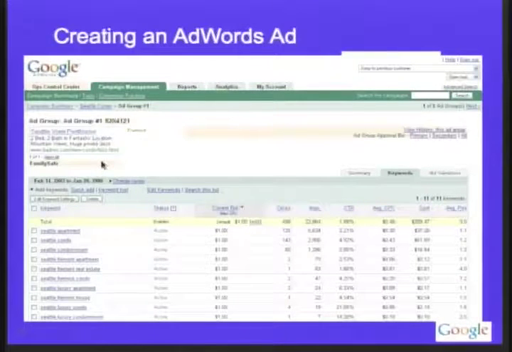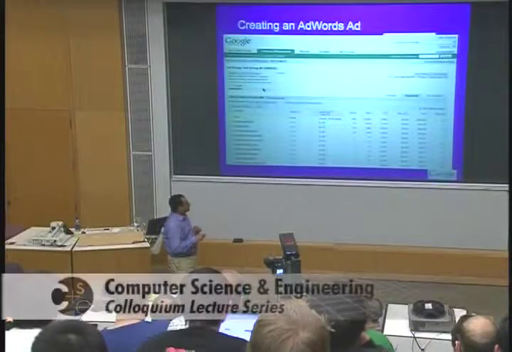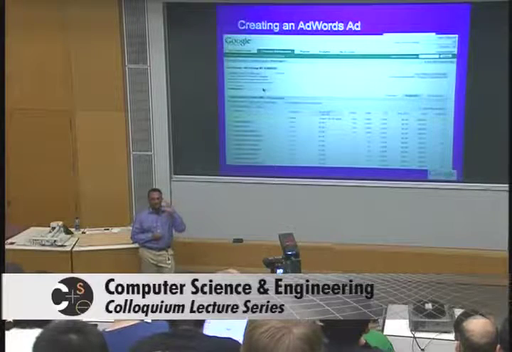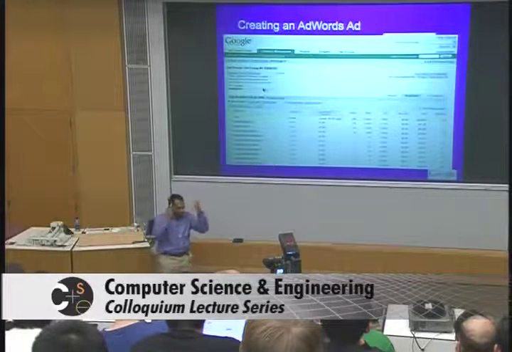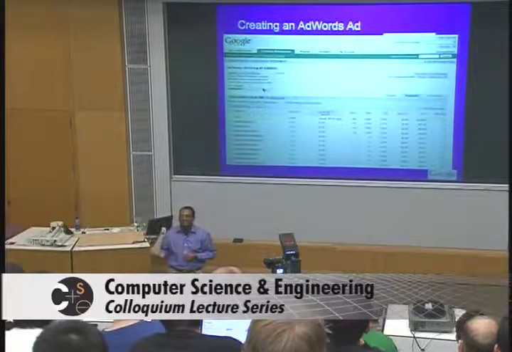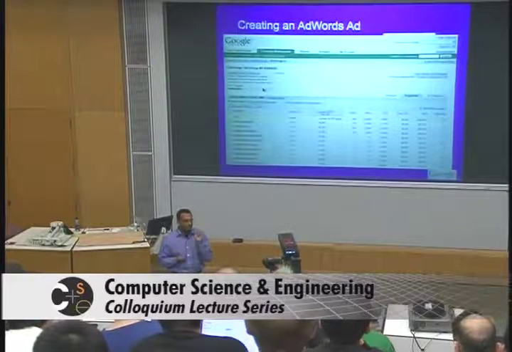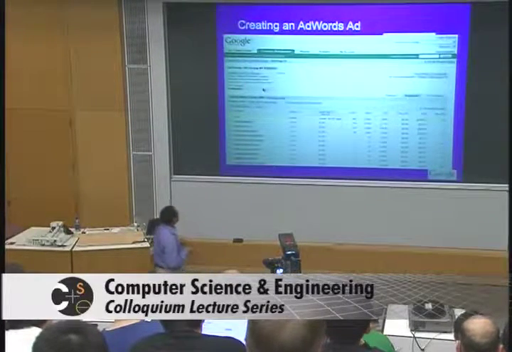So the keywords that we have are Seattle apartment, Seattle condo, and here the advertiser is willing to bet $1 for every click that the person is going to get. So the advertiser has a model of how much these ads are worth to him, and so has figured out that I'm willing to pay $1 on a per click basis.